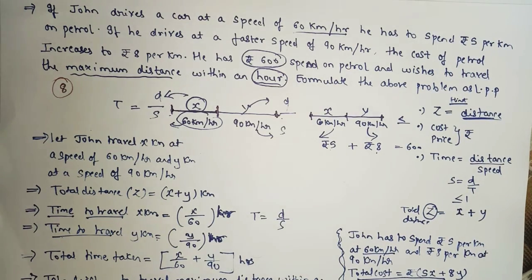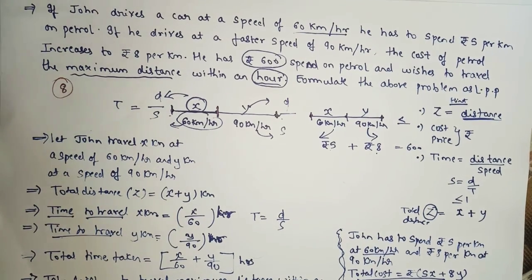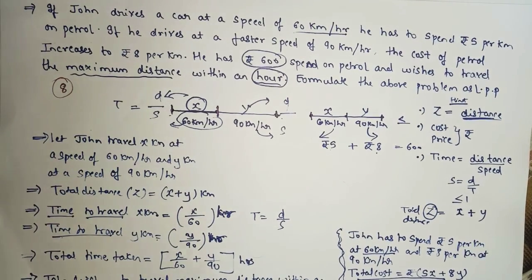Now we have covered each and every sum based on the graphical method as well as on formulation. If you want to try the miscellaneous sums, they are similar to the exercise. And please refer to the short examples and the MCQ questions from this chapter also.